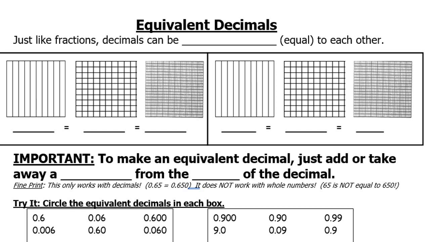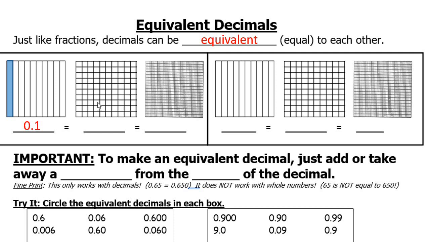Before we start comparing decimals, let's first understand how to find equivalent decimals. Just like fractions, decimals can be equivalent to each other. Remember that word equivalent just means that they name an equal amount using different numbers. So let's start off with the decimal 1/10, one shaded out of 10 pieces.